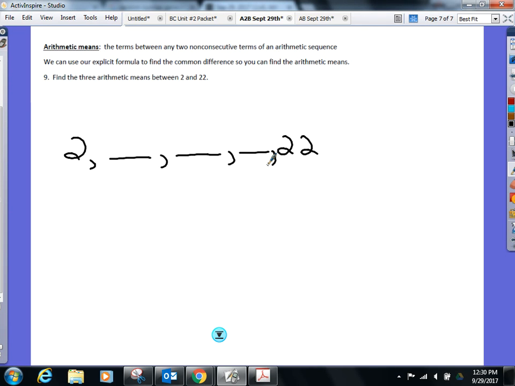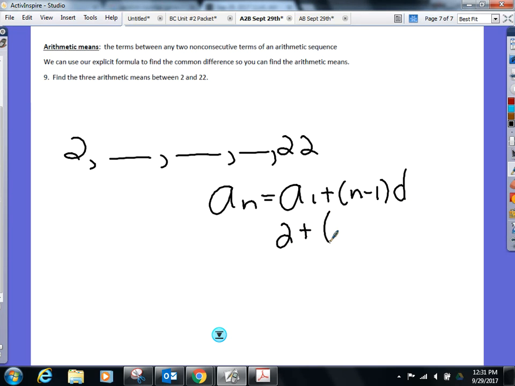What value would it be awesome to know? I got to figure out what I'm adding, right? So what value would it be great to know, Annika? The common difference, right? Then I could add it and easily find those 3 terms. So get out your formula that's got common difference in it. What's the first term? 2 plus, ready?